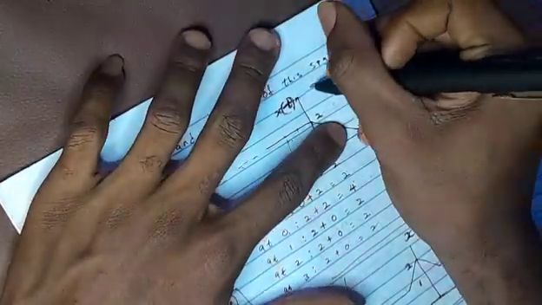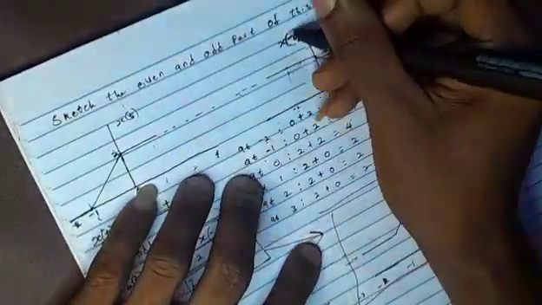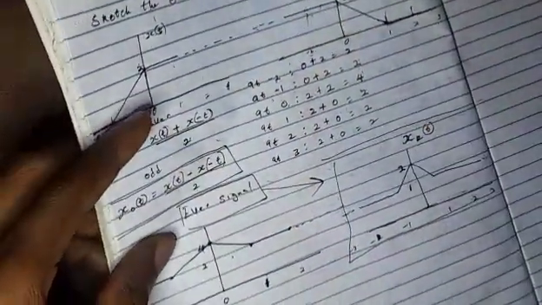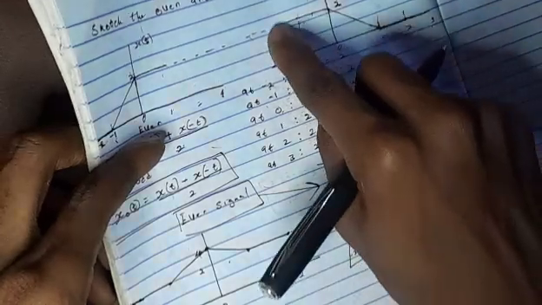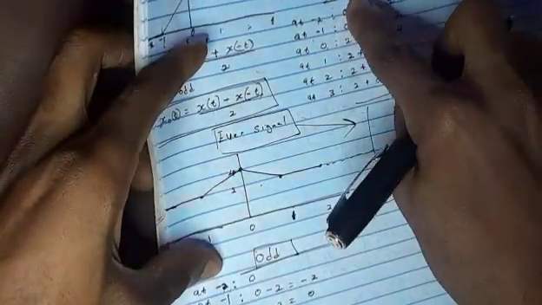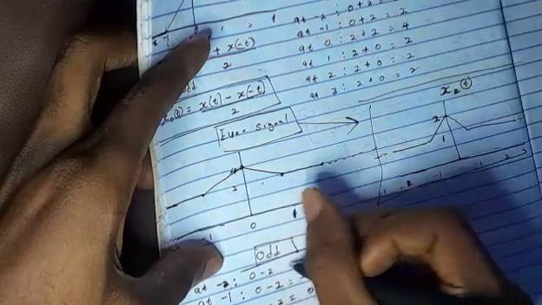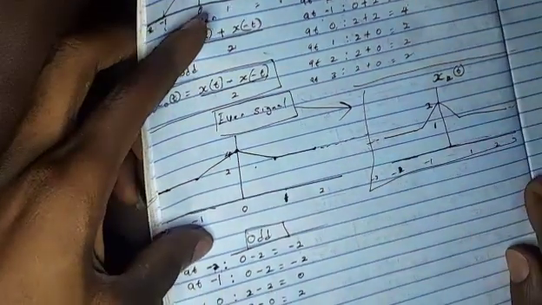Let me write it again, x of minus t. So at minus 2, you have it to be 2, right? At minus 2, you have it to be 2 at any point. So you have what? Minus 2, right?